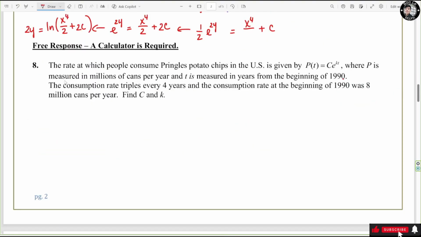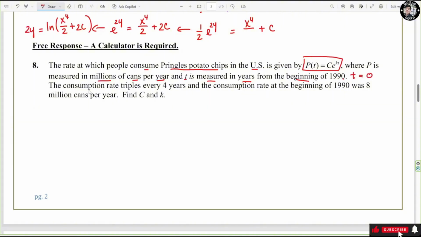Now let's move on to question 8. The rate at which people consume Pringles potato chips in the US is given by P of t equals c times e to the kt, where P is measured in millions of cans per year, and t is measured in years from the beginning of 1990. So at this time, t equals 0.